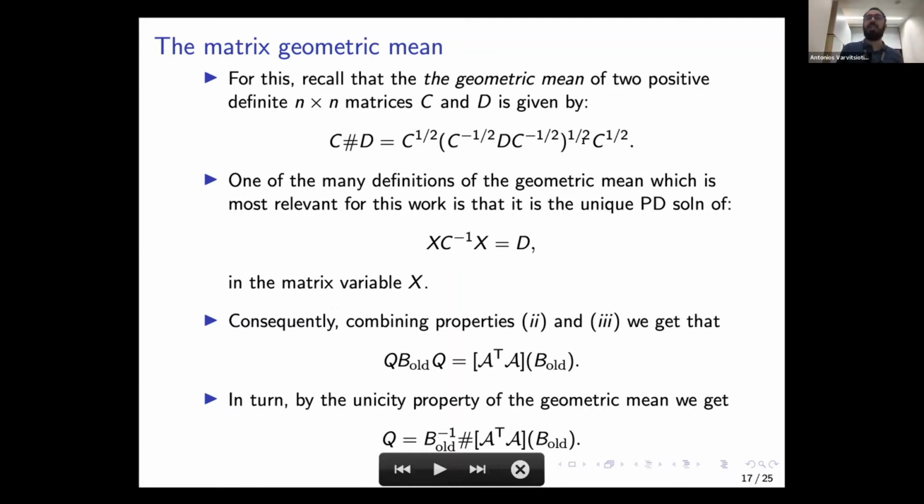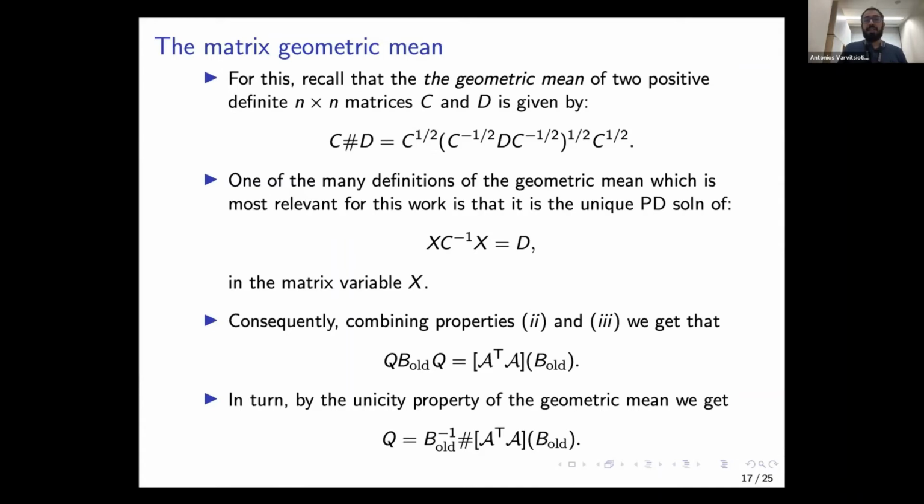But more relevant for us is the following definition: if you set up this Riccati equation in the matrix variable X, where C and D are positive definite, then the geometric mean is the unique positive solution of this matrix equation.